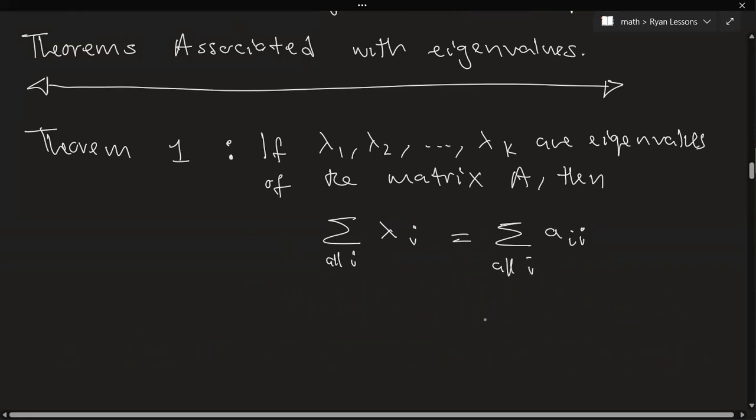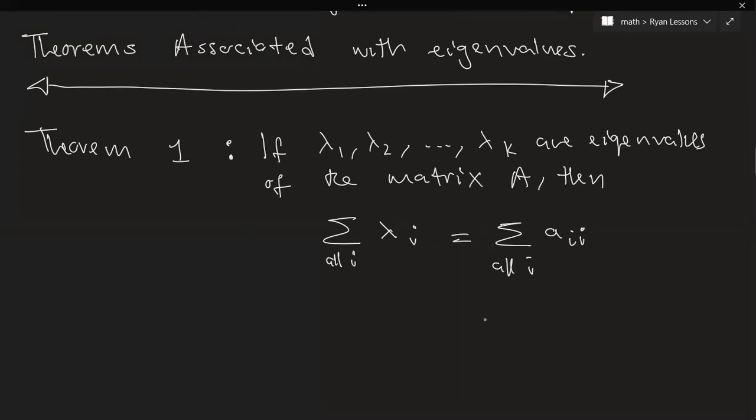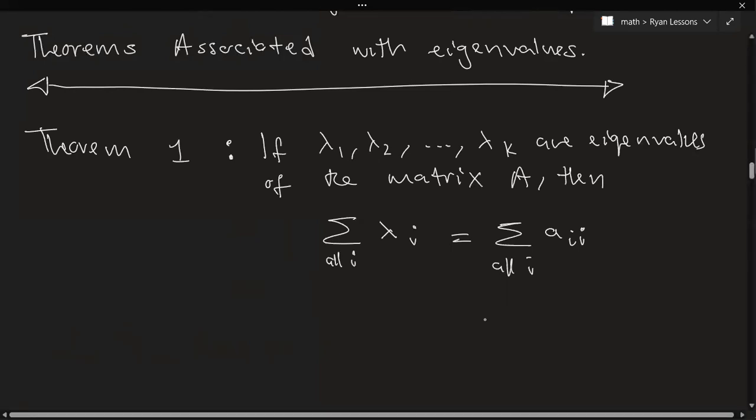You see, so this is a very good theorem because it's actually telling us that if you have the eigenvalues of a matrix, you can use them to find the trace of the matrix.